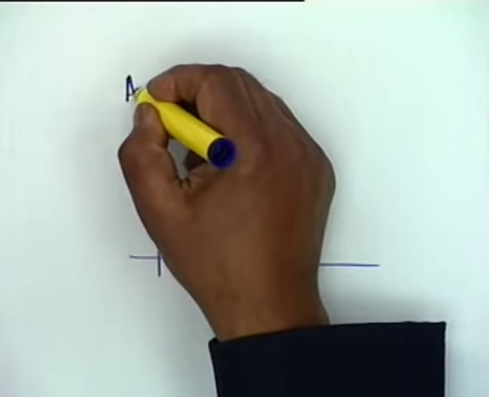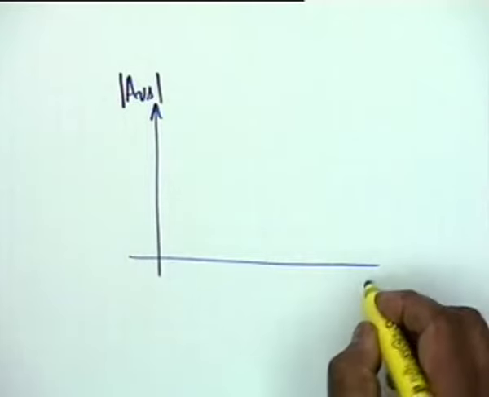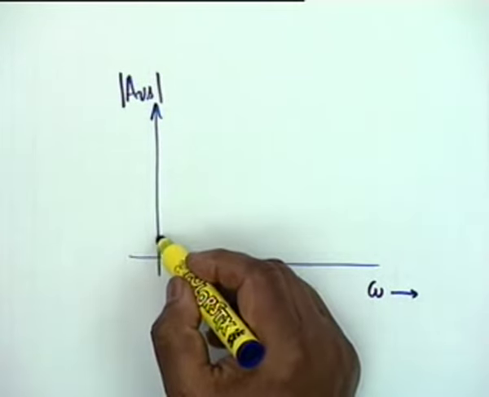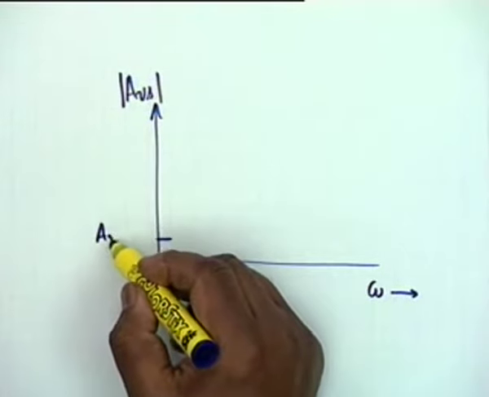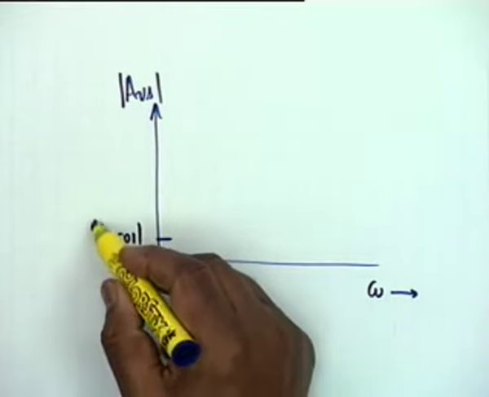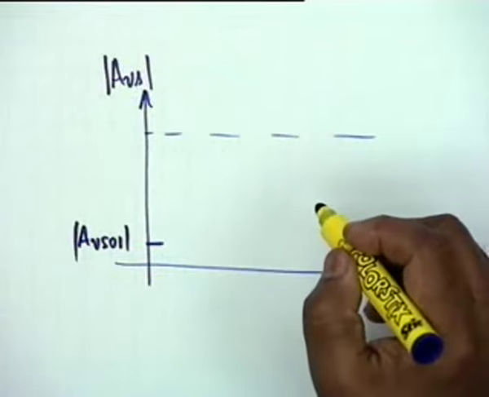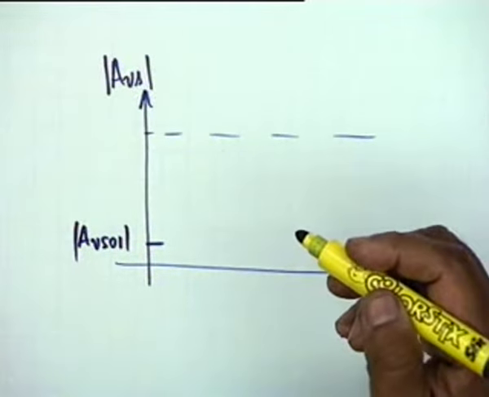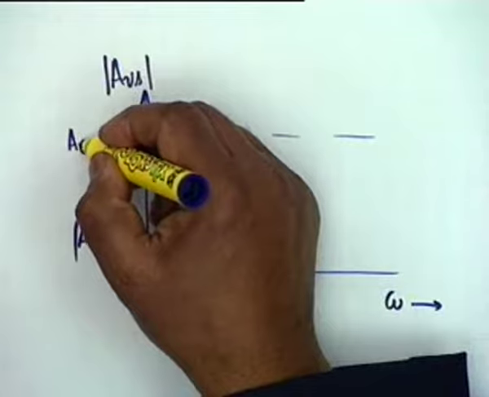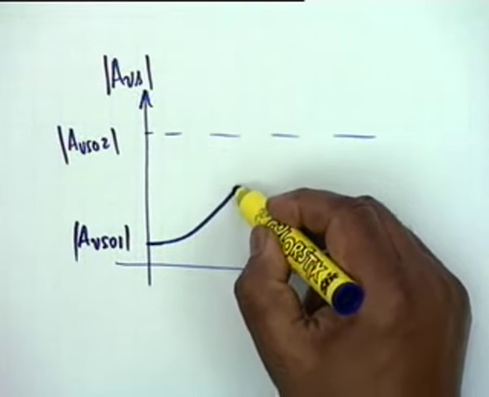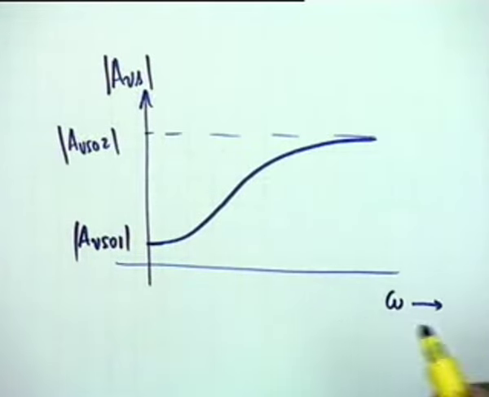If we plot AVS magnitude versus omega, then at DC it is the gain with unbypassed RE, AVS 01, and at infinite frequency it is greater than AVS 01, it is AVS 02. So you will have something like this. It is a kind of high pass.